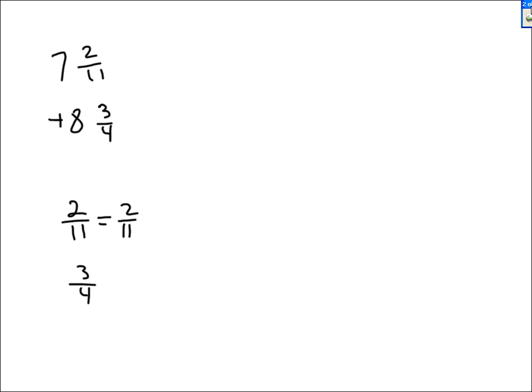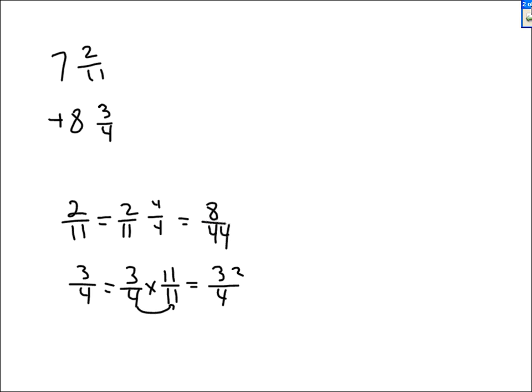So I want to multiply top and bottom by 4. That is, I'm multiplying by 4 over 4, and I'm going to get 8 over 44. And in the other fraction, I'm going to multiply the top and bottom by 11, because 4 times 11 also gives me 44. And 3 times 11 happens to be 33.